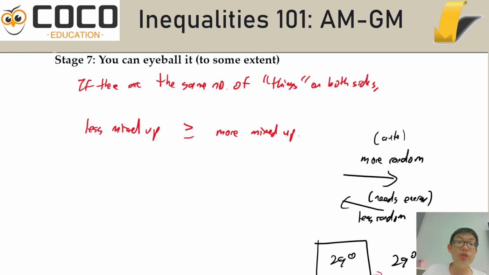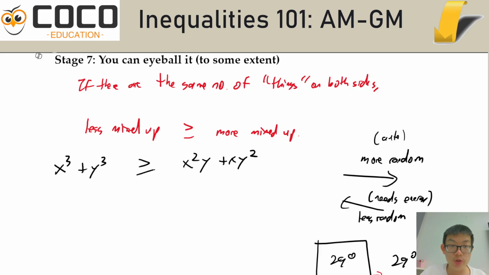It means that if you were to look at, let's say I've got x and y here. Now I have got x squared y and xy squared. AM-GM is basically telling you that because the geometric mean means you throw some stuff in and you mix it up, you can eyeball it and say probably this is true. Meaning that if you see the same kind of things rearranged, so you see that there are still 3 x's, right? It's x squared and x.